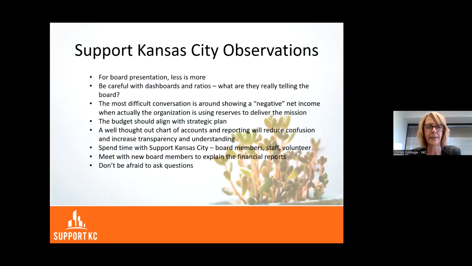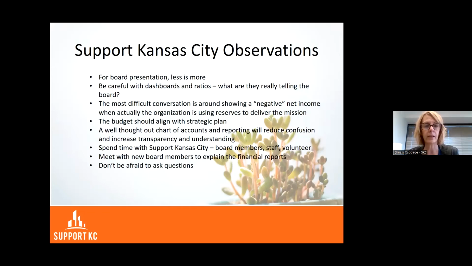Some Support Kansas City observations about board reporting. For board presentations, sometimes less is more. If you have a 16 or 17 page board report, that's great for committees. Sometimes it's not great for board meetings because you can end up spending most of your board meeting talking about those 17 pages.